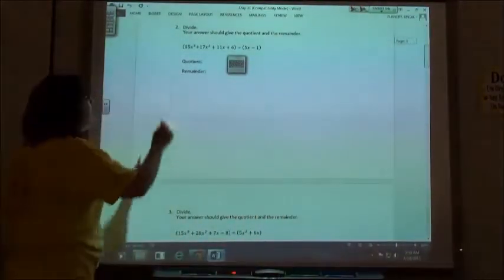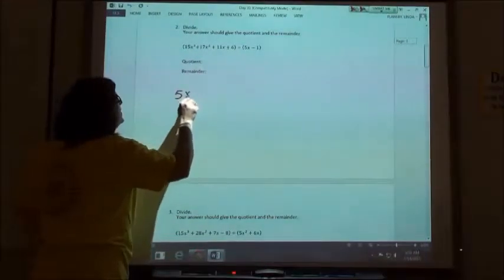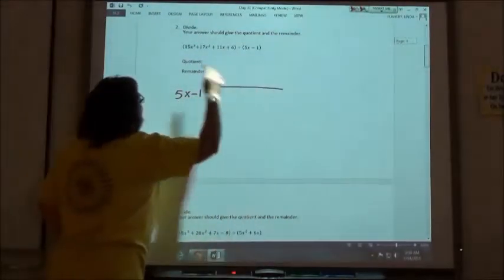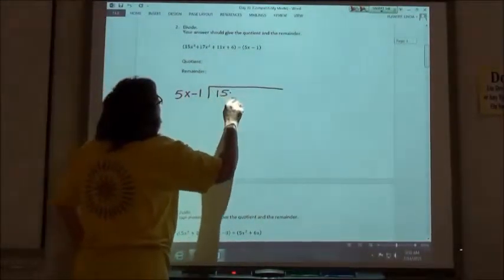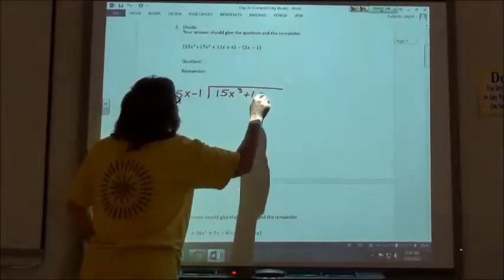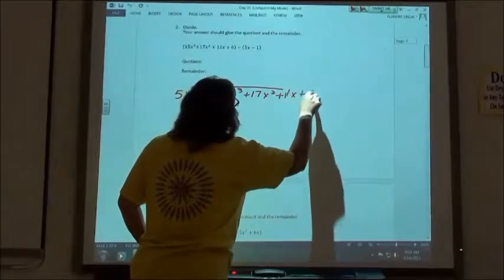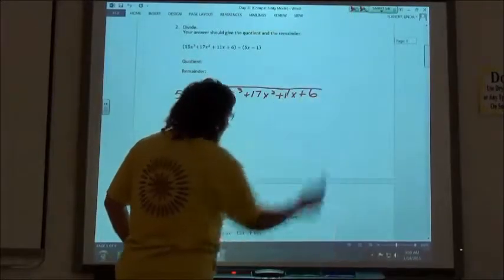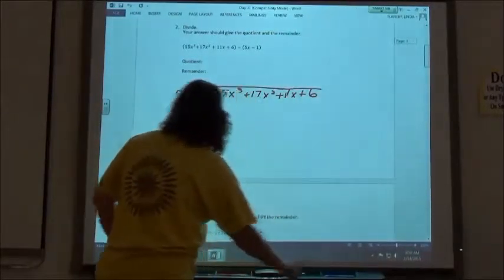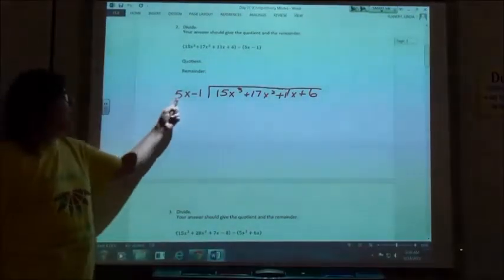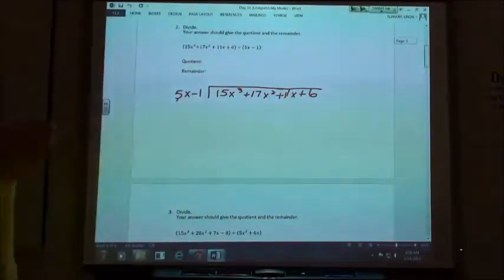Second one there says we're going to take 5x minus 1 into 15x to the third plus 17x squared plus 11x plus 6. So what times 5x would give you 15x to the third? 3x squared.